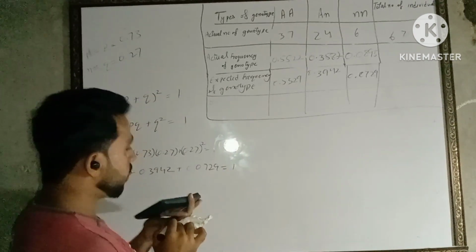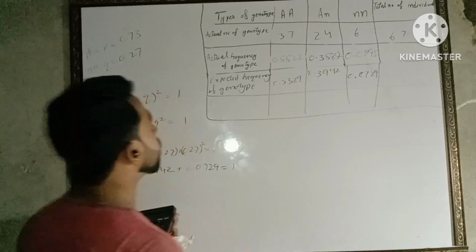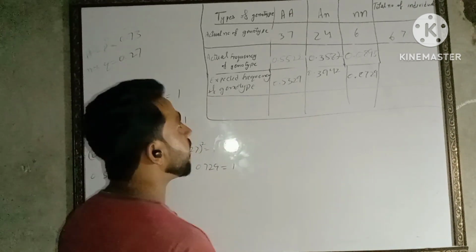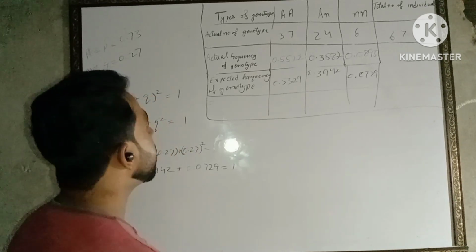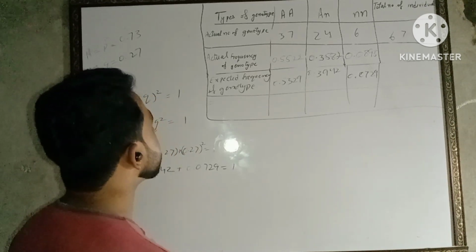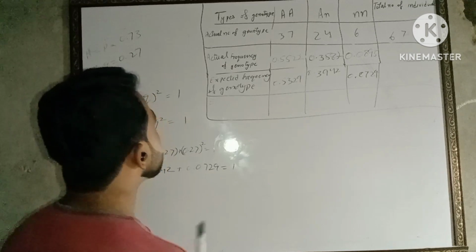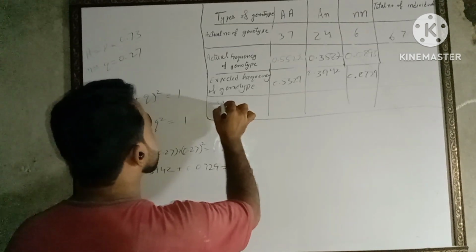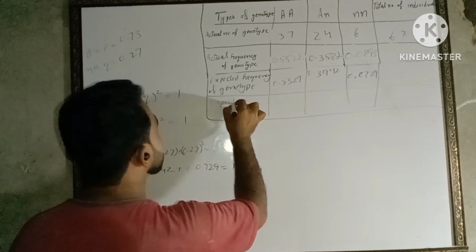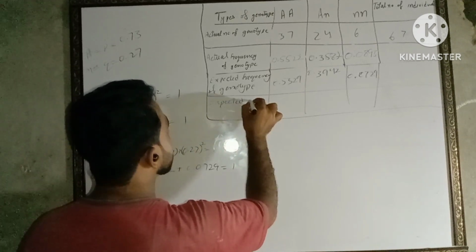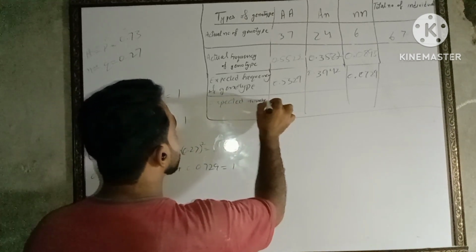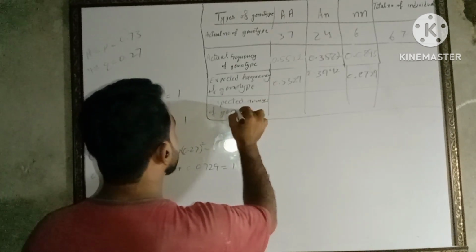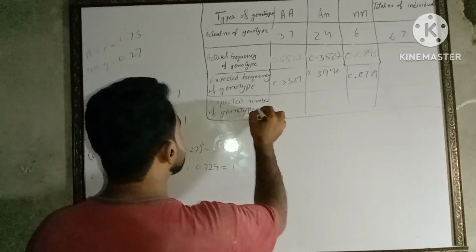We have been asked to find the expected frequency of genotype, which we have found, and then we have been asked to find the expected number of genotype, which we are going to find. Expected number of genotype.